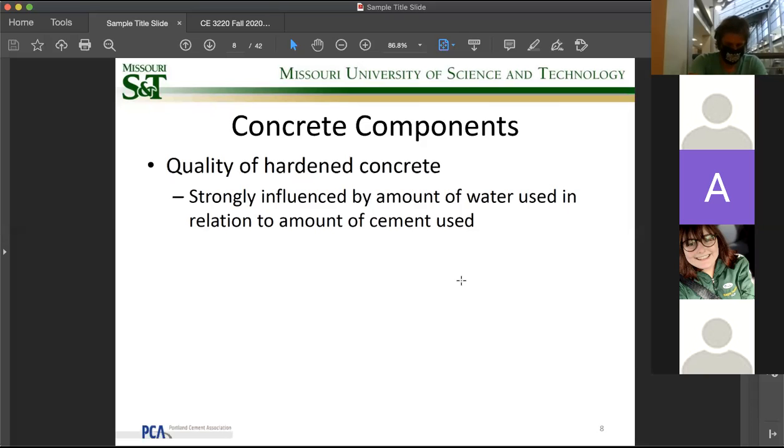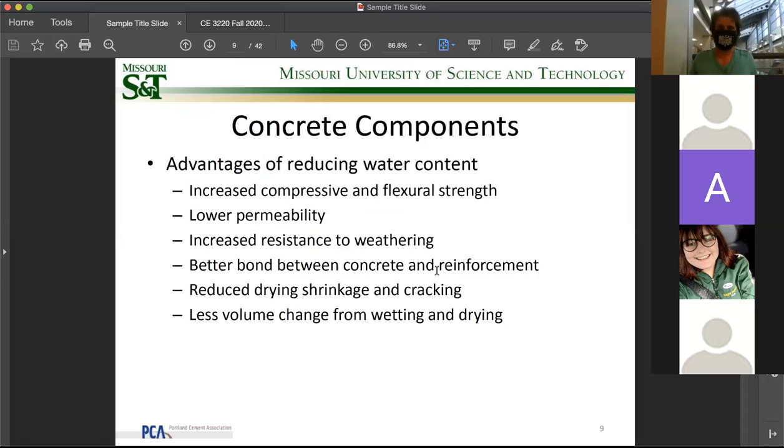You have probably taken, or are going to take, construction materials courses, and you will learn there that a higher water-cement ratio means your concrete is more flowable, more liquid, but once hardened it has low strength. A lower water-cement ratio means higher strength, but it's very hard to work with, okay? So there's a balance to strike for the optimum water-cement ratio, depending on your need. All right, so we like to reduce water as much as we can to enhance the strength, naturally.